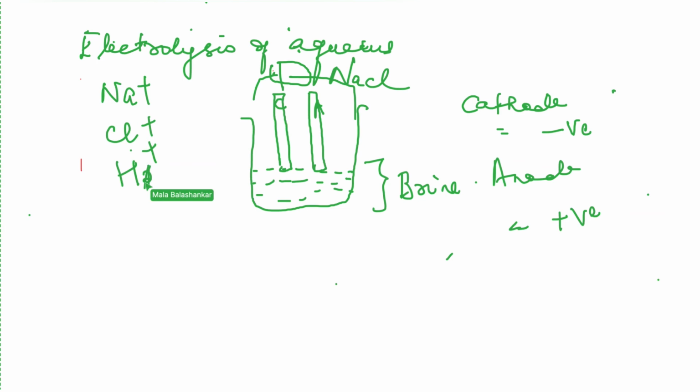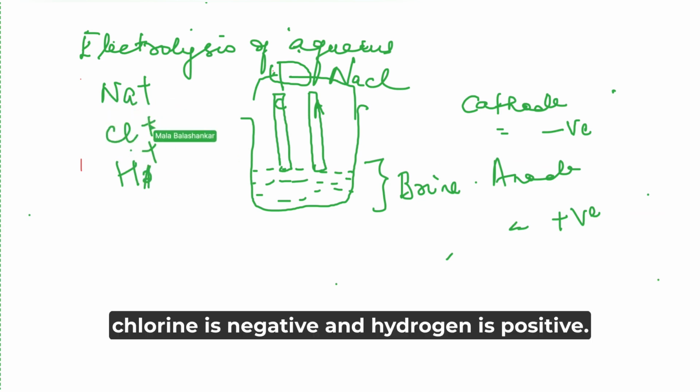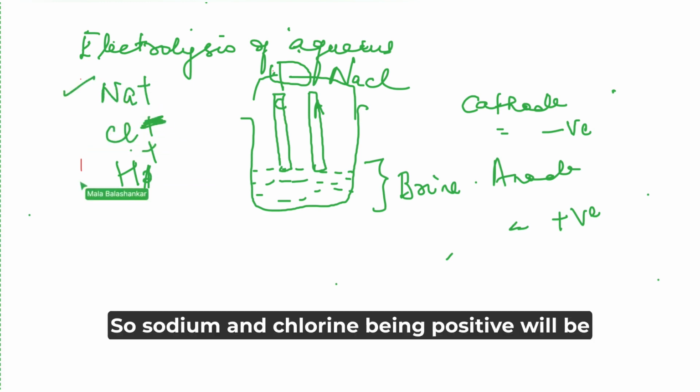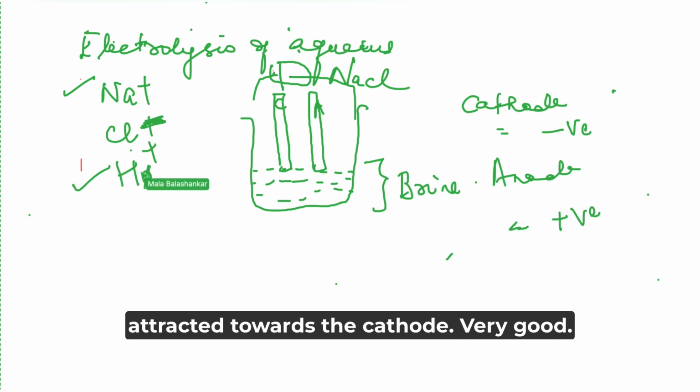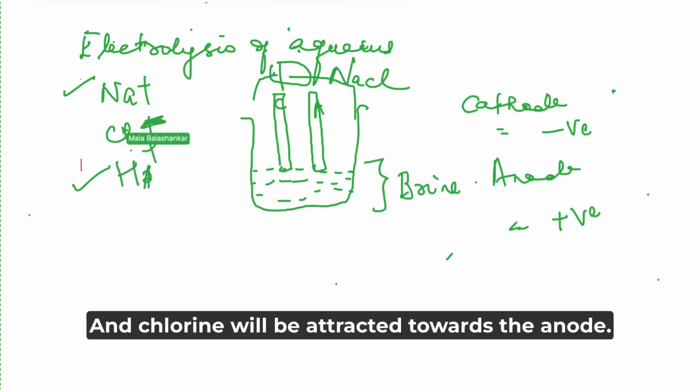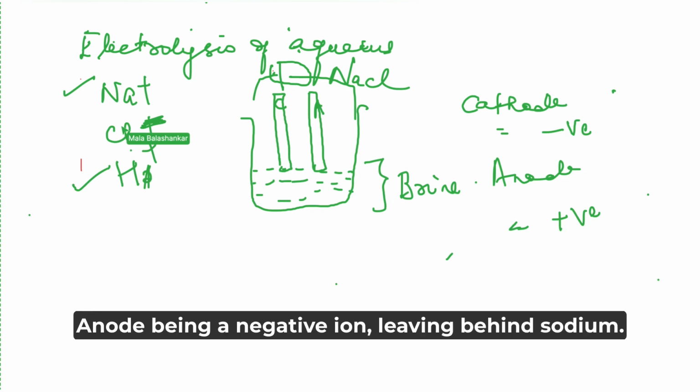All these will be released. Now, sodium is positive, chlorine is negative, and hydrogen is positive. So sodium and hydrogen, being positive, will be attracted towards the cathode. And chlorine, being a negative ion, will be attracted towards the anode.